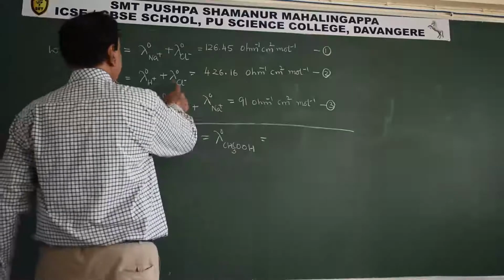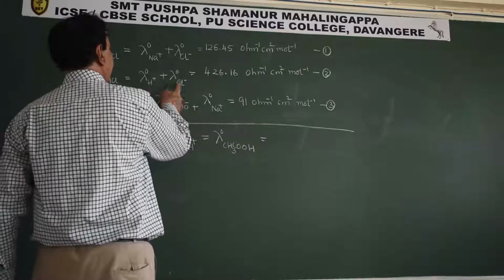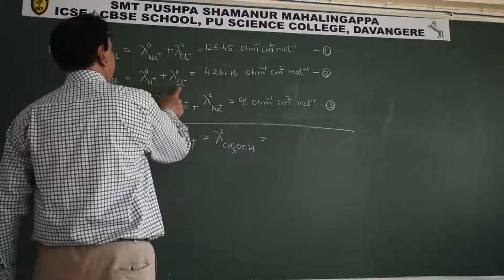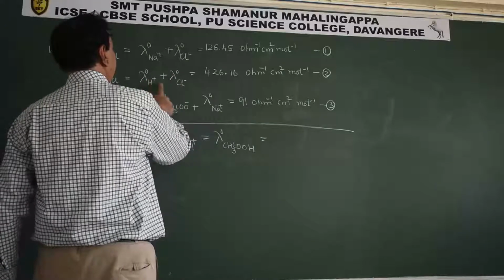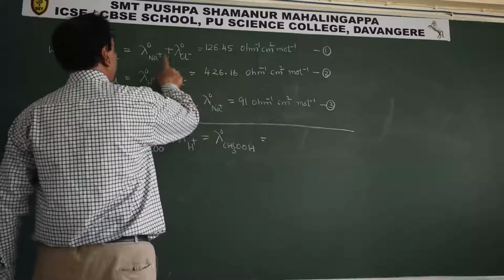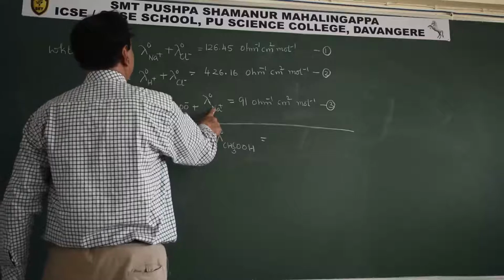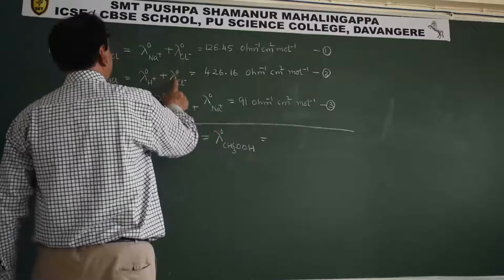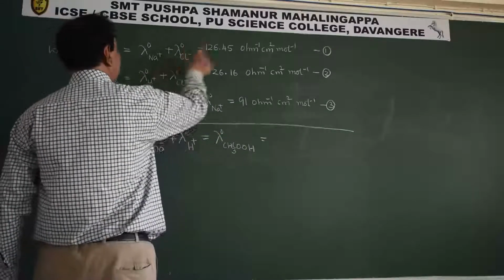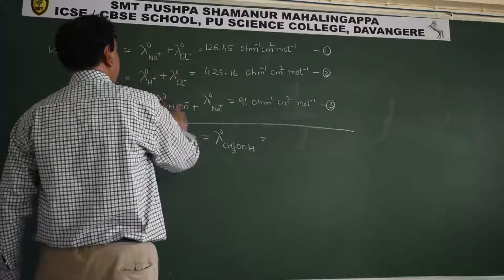There is Na plus and Na plus, and we need only CH3COO minus. Na plus and Na plus, and Cl minus and Cl minus get cancelled. In total there are 6 ions, 1, 2, 3, 4, 5, 6.